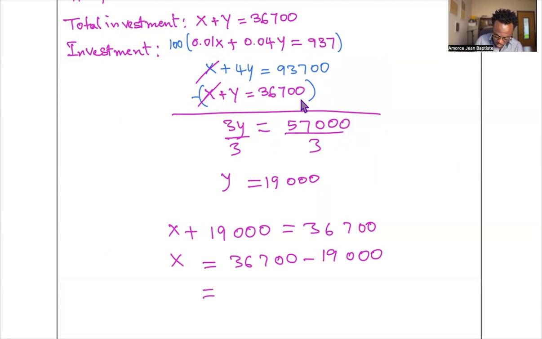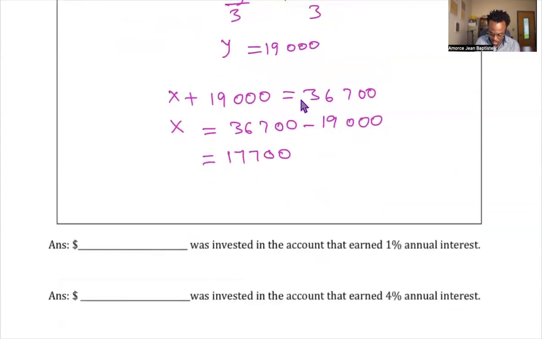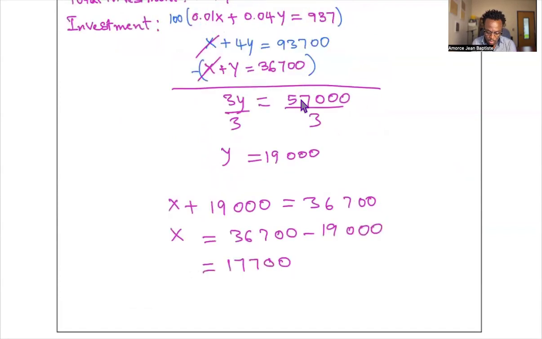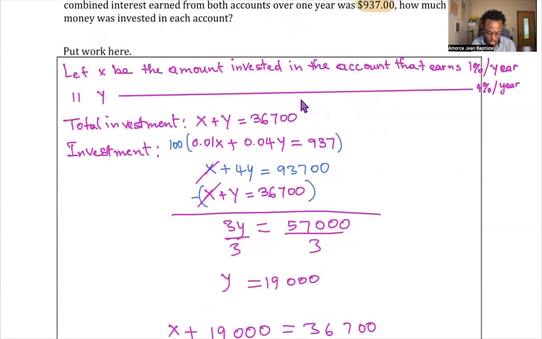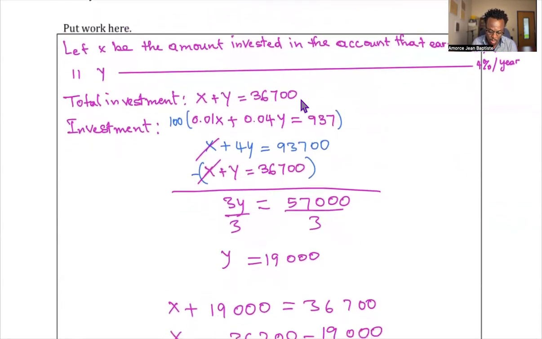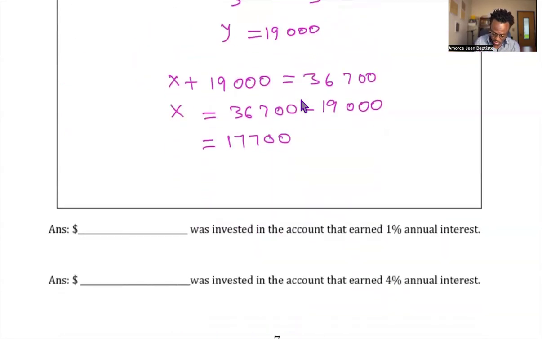So x equals 17,700. Here they ask me to give the answers. Y was the amount invested in the 4%, so that's 19,000. And X was the amount invested in the 1%, so that's 17,700.